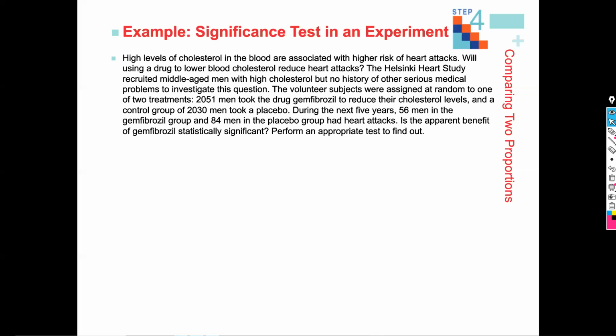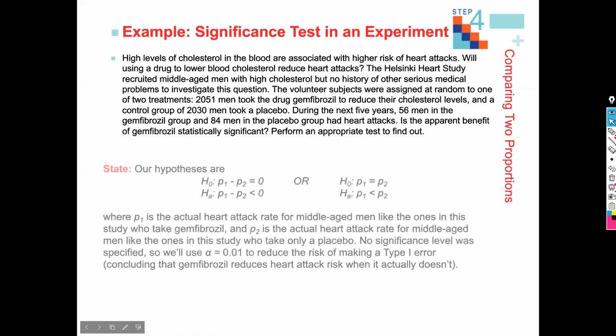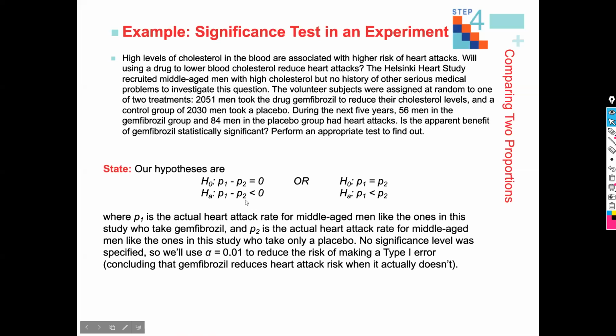That would be the benefit, is fewer heart attacks. So the way we should frame our null and alternative is that if we have P1 be our drug group and P2 be the placebo group, then our hope is that P1 is less than P2, or that P1 minus P2 is less than 0.